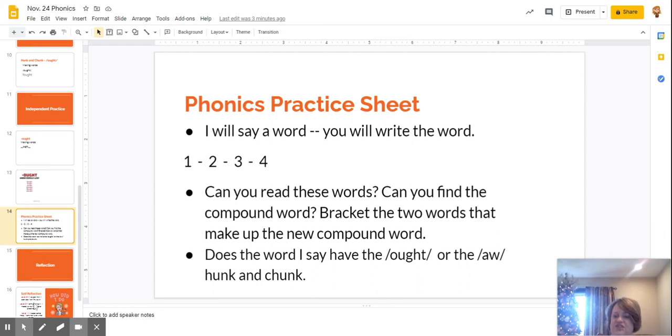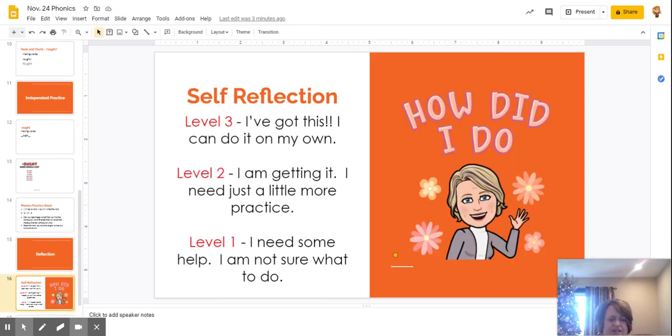So let's go ahead and jump down to our reflection. So we've done aw, A-U, we've done A-U-G-H-T, and we've done O-U-G-H-T. So let's do a little self-reflection. Do I have this? I can come up with words, I can spell them, still a little unsure about if it's A or O, but that's okay.